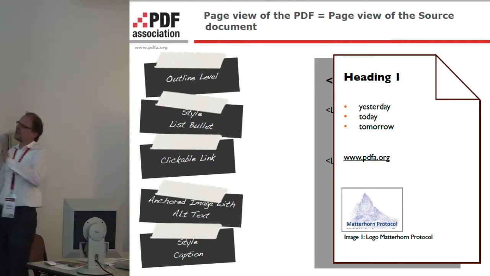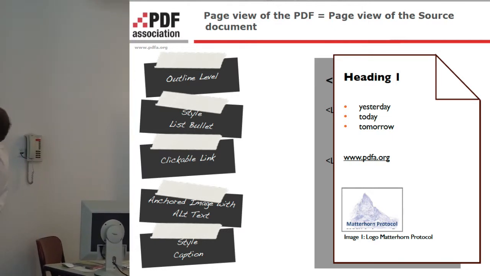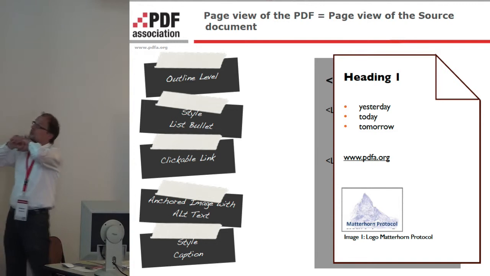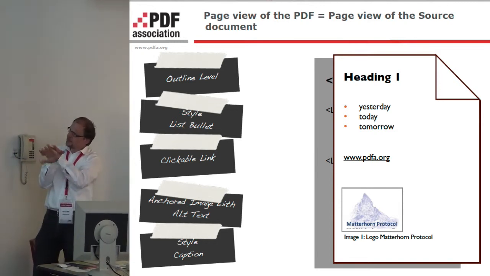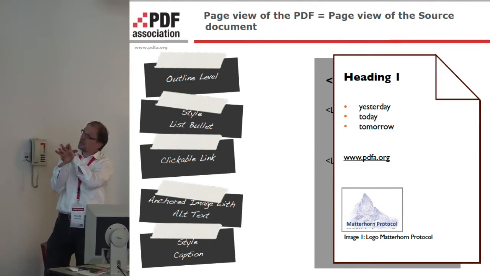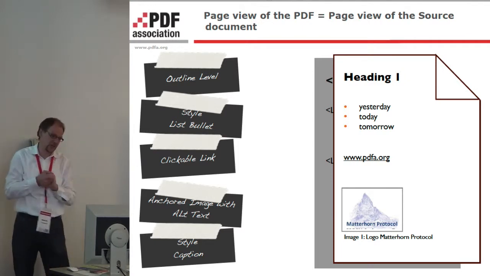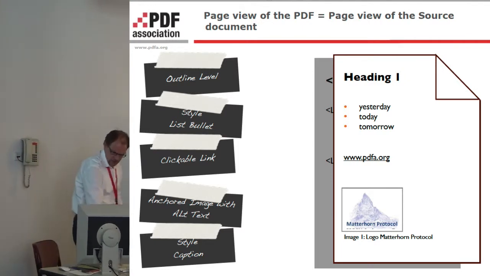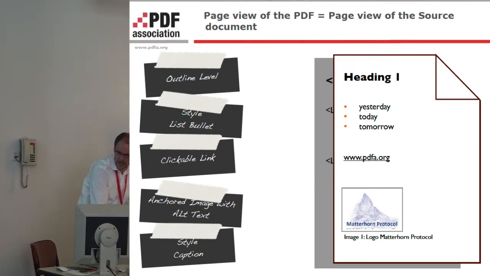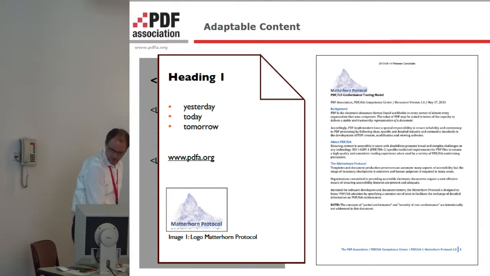And the structure layer and the presentation layer, they both will be in the PDF. You only see the presentation layer, but below the presentation layer there will be the structure layer. And born accessible documents will have a proper structure layer. The structure layer makes your content adaptable.